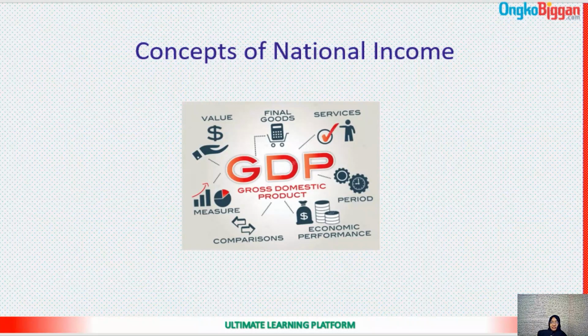After getting the market price of these 4 products according to their quantity, we have to add all the amounts in terms of money or currency. Then we will get the GDP.